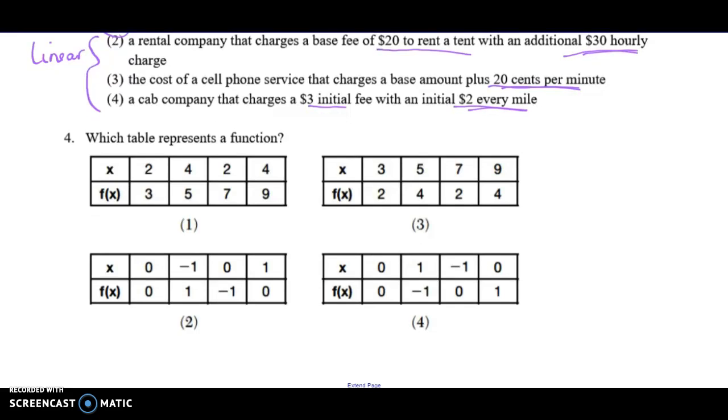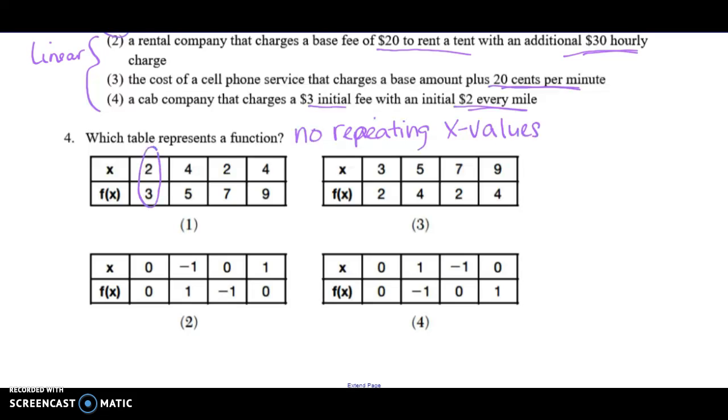Number 4, which table represents a function? So you need to remember what it means to be a function. It means each x maps to only one y. So if I'm looking at a list of points or I'm looking at a table, I should not see any repeating x values. If there's a repeating x, it is not a function.